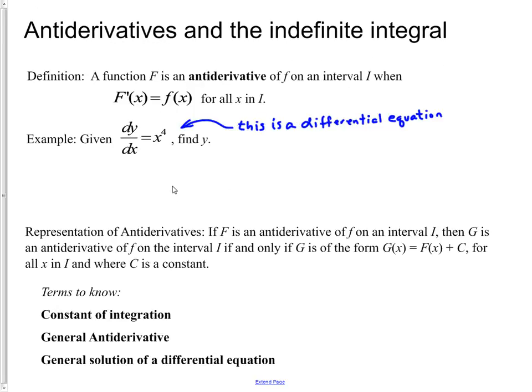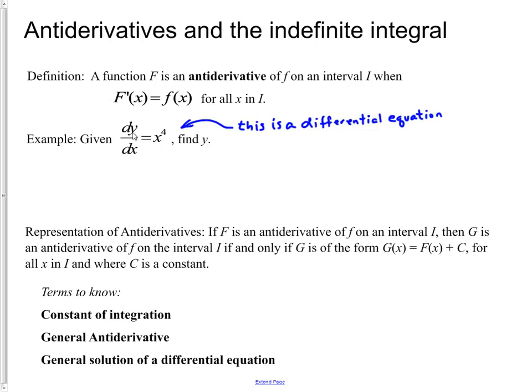Formally, we can say that some function capital F is an antiderivative of some other function, lowercase f, on an interval I when F prime of x is equal to f of x for all x in that interval I. Essentially, what we've been doing is solving what we call a differential equation.